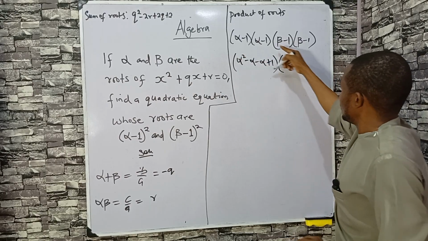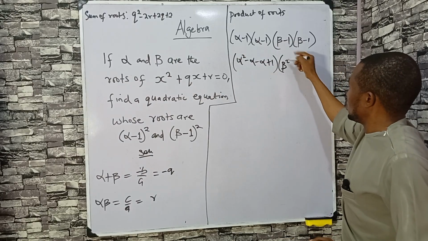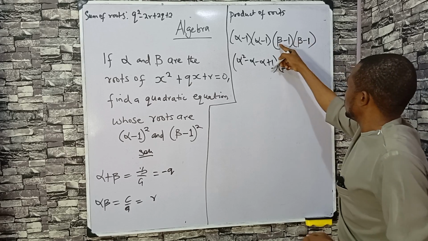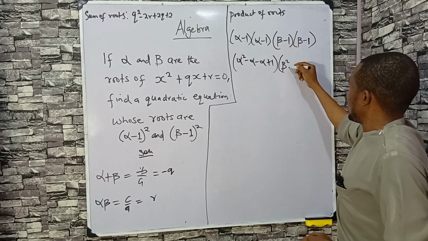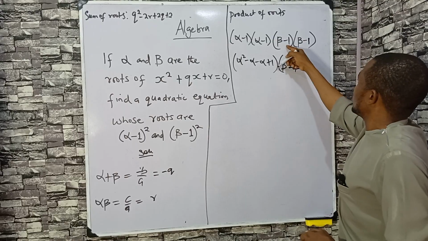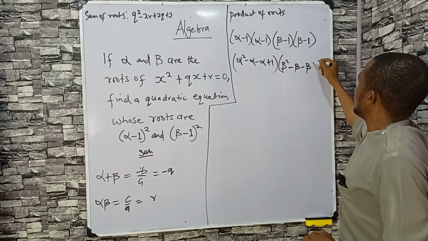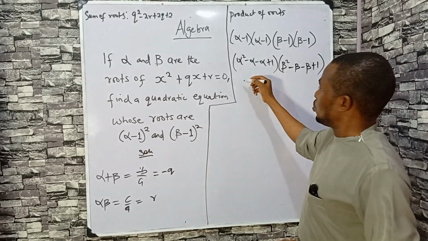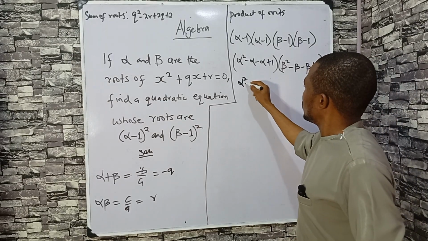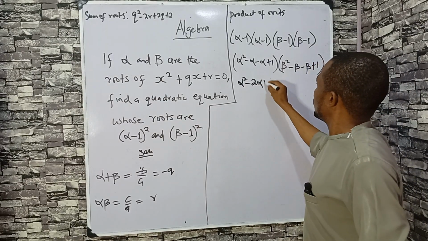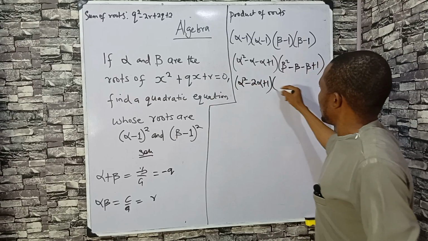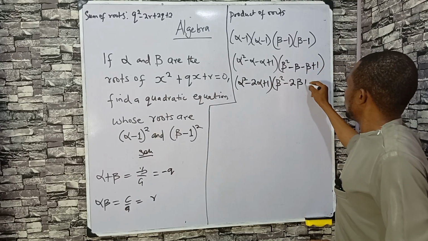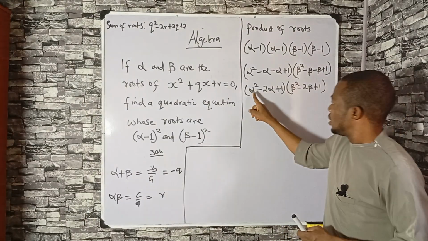Here the same thing, beta squared, this times this, then this is 1, giving you minus beta here plus 1. So we can have this to be alpha squared minus 2 alpha plus 1 multiplying this beta squared minus 2 beta plus 1. So let's expand this.